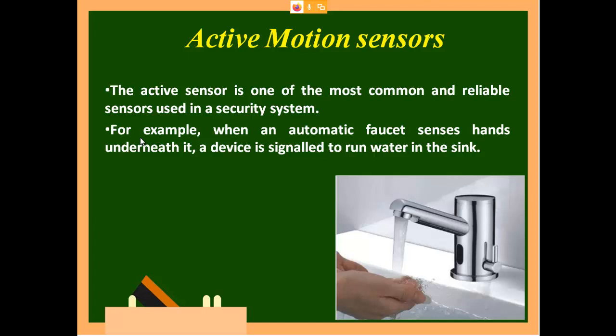When you show your hand, the light source from the tap is cut. This light source travels to the next end, and if you bring your hand in between, it will be cut. Here I can use a light source because this is not an application where security is required. When a person sees this light, it is not going to cause any issue. That is why we use light here.